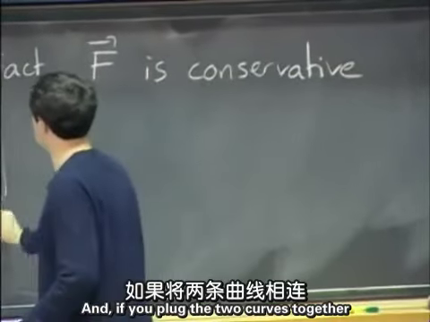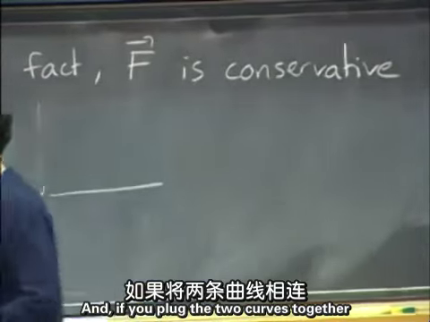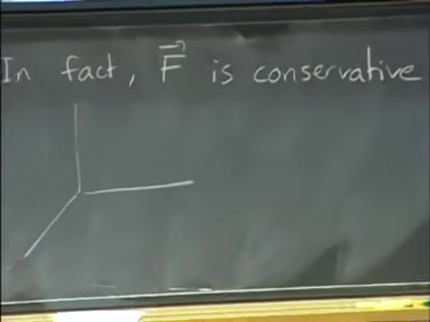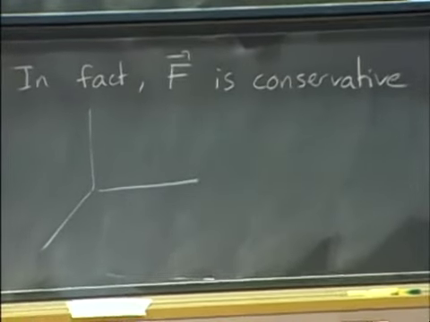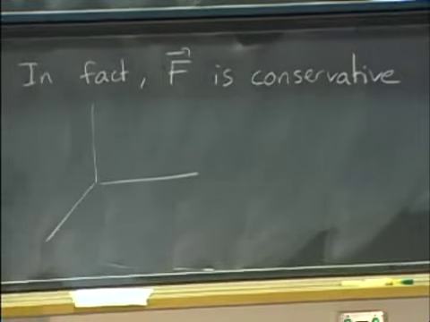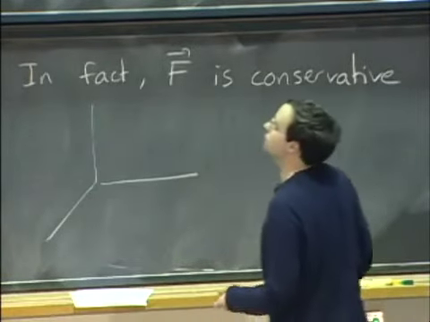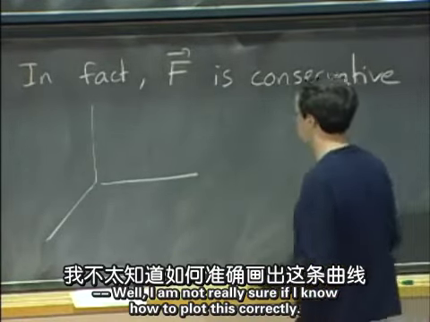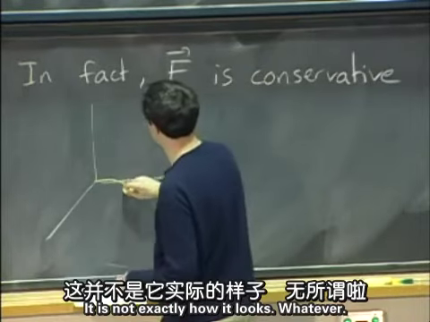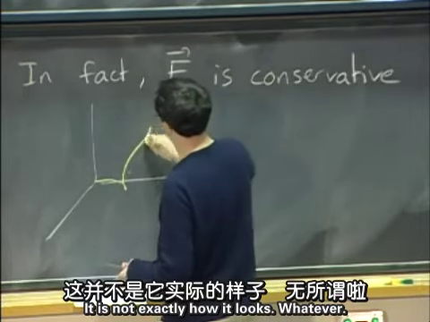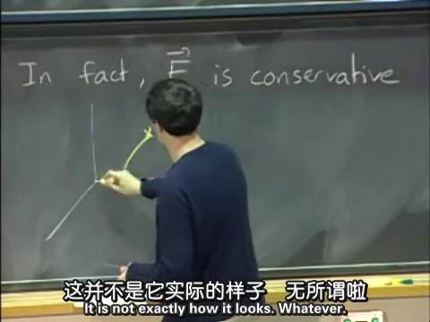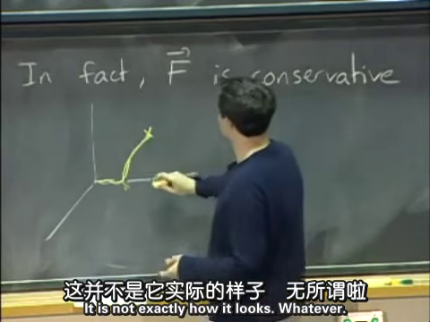And if you plot the two curves together, well, I'm not really sure if I know how to plot this correctly, but it's not exactly how it looks. Okay, whatever.